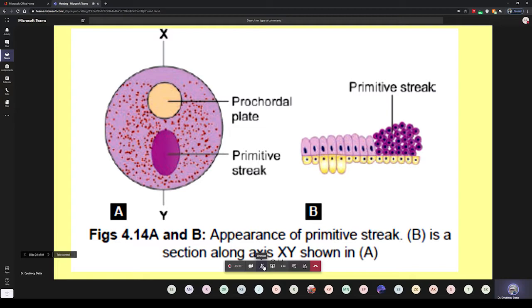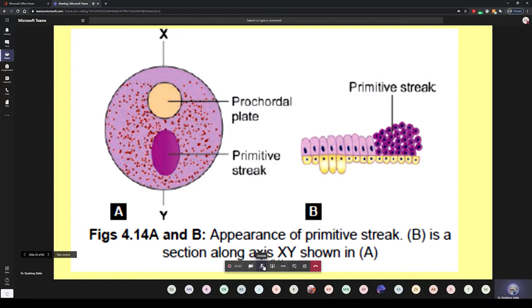Now this picture gives you a very wonderful correlation of what is happening in the hypoblast and what is happening in the epiblast. So you can see from here very clearly, in the hypoblast, what we are getting is elongation of those flat cells which became cuboidal when they lined the yolk sac, but now they have become columnar. That is called the prechordal plate.